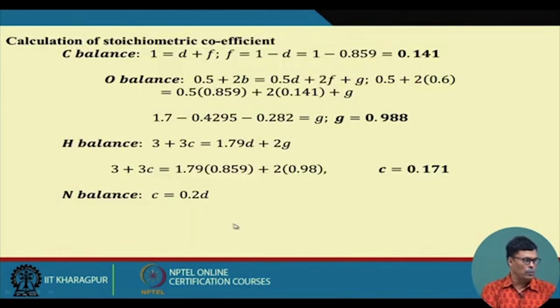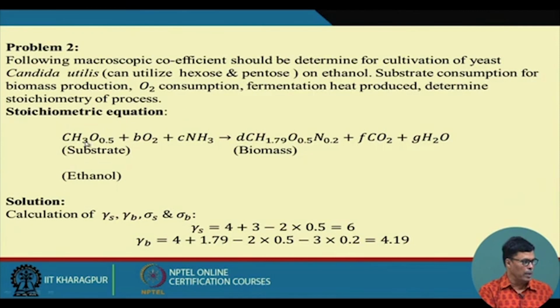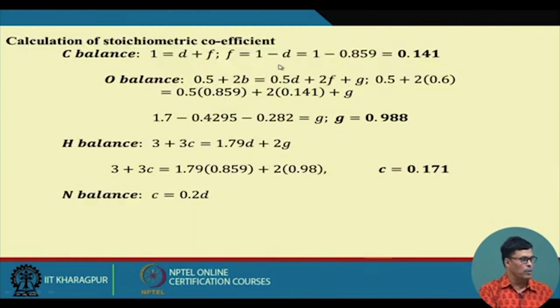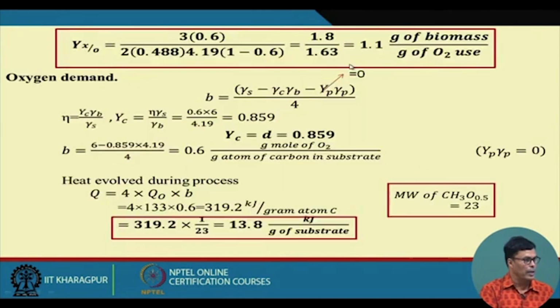Now when you balance the stoichiometric equation, we can easily do the carbon balance. If you look here, this carbon is contributing in 2 different forms. So if you do the carbon balance, 1 is equal to D plus F, am I right? So we have already calculated D because the yield coefficient we already calculated. F equals 1 minus D. D we already calculated here.